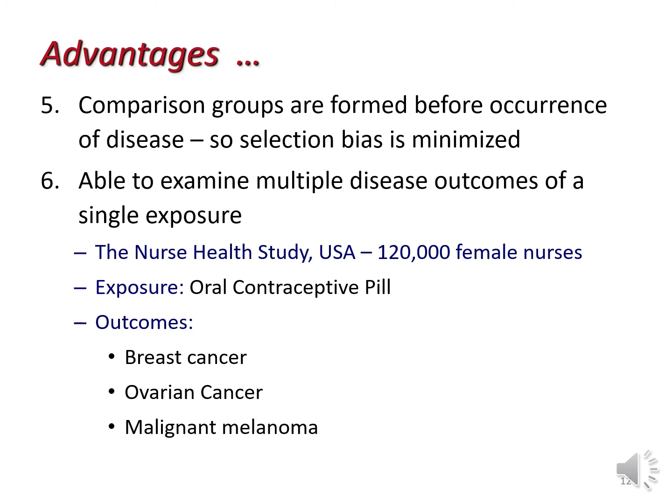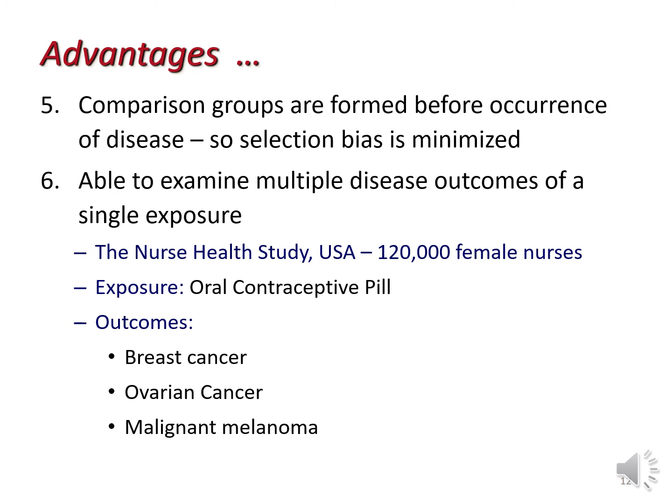By cohort study, we can find multiple disease outcomes by studying single exposure or single risk factor.